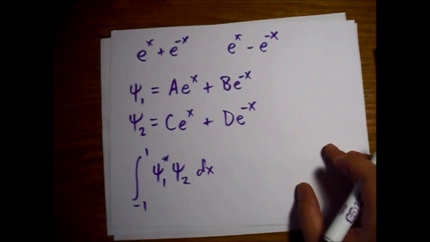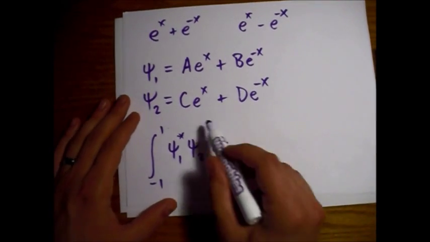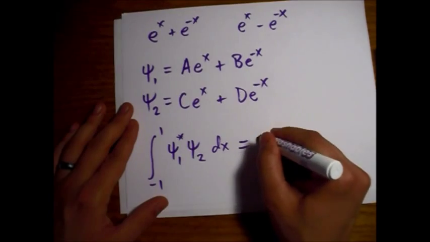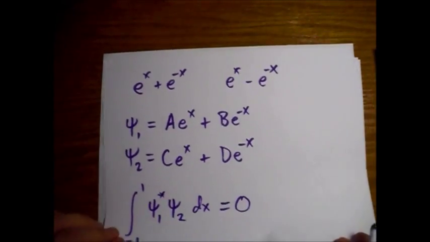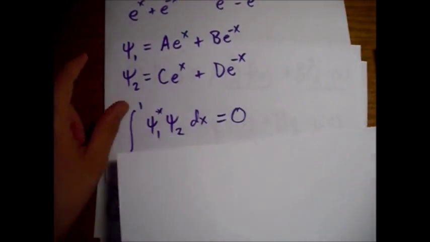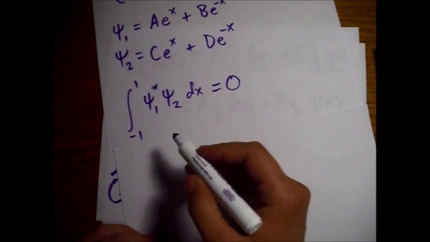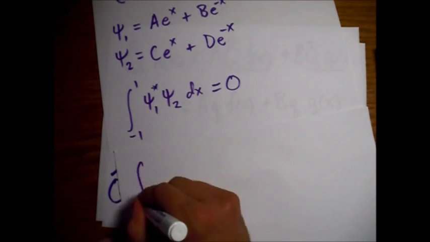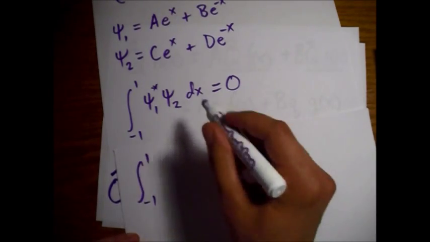All right, so for orthogonality, we want to show that this inner product is equal to 0. So here we go, let's just launch into this.